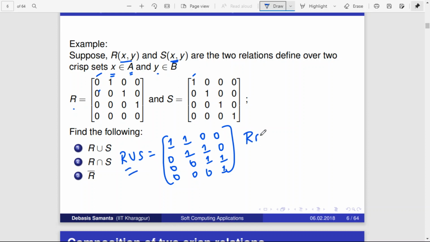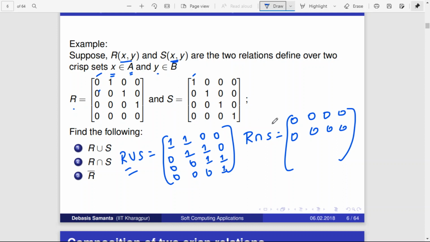Similarly, R intersection S is nothing but the min of relation R and relation S. So for every element at the appropriate places, you find the min. So 0 and 1, the minimum is 0. 1 and 0, the minimum is 0. 0 and 0, the minimum is 0.